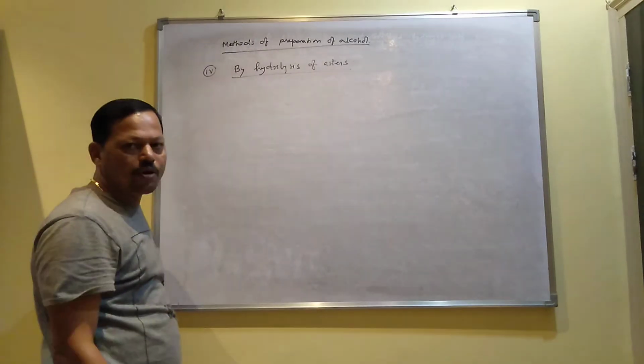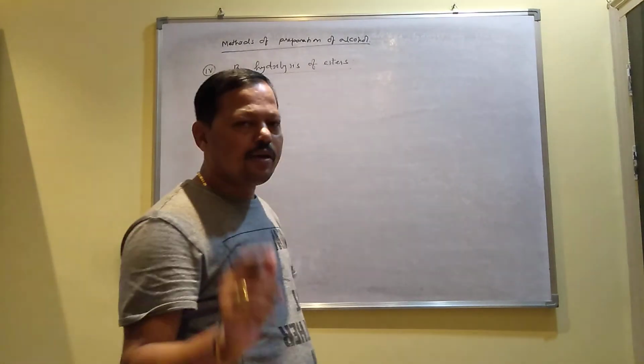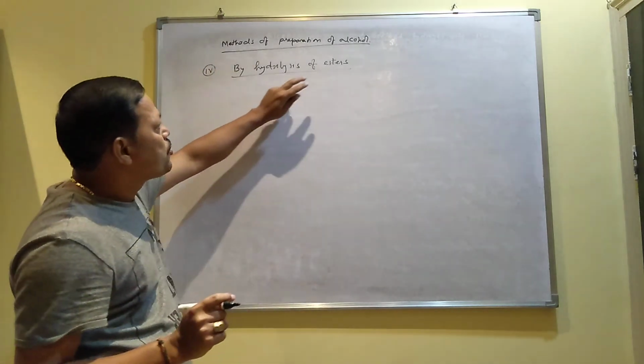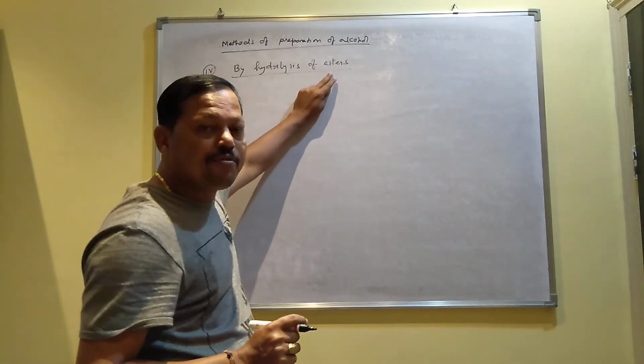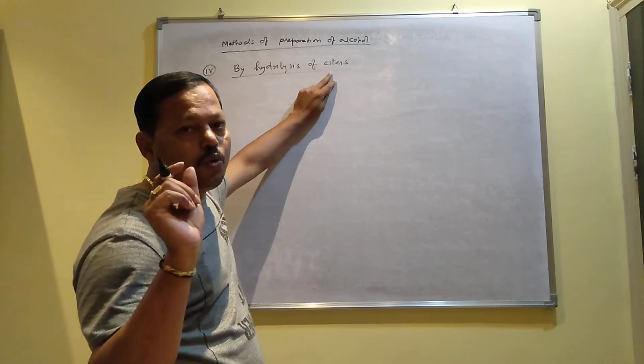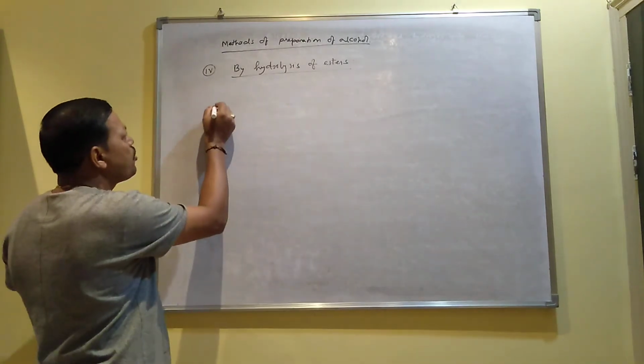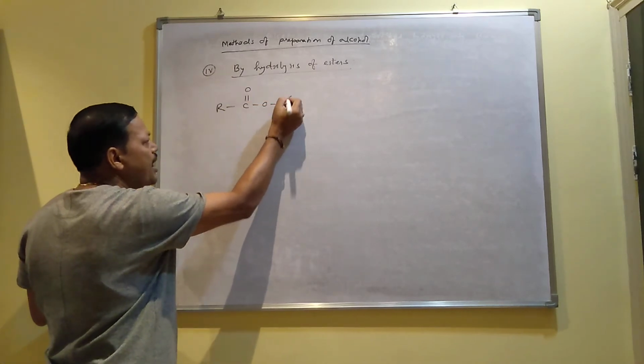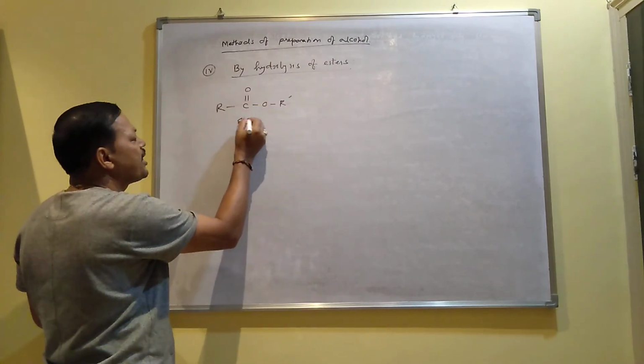Ester is one of the organic compounds which are very good smelling, sweet smelling. Do you know the functional group of ester? COOR. So this is one of the esters, RCOOR'. You can write R dash also. So this is the general formula of ester.